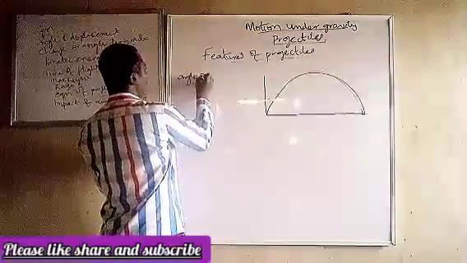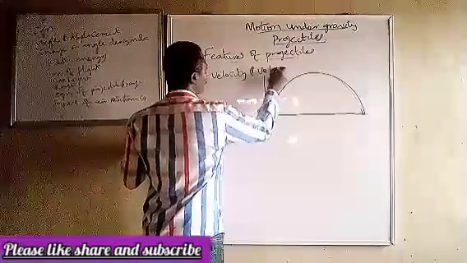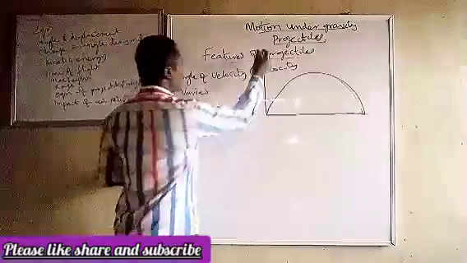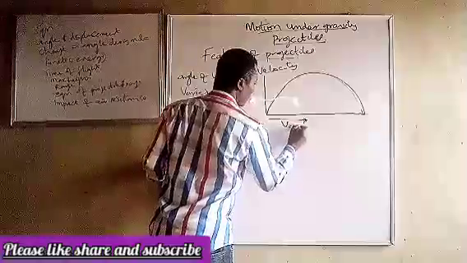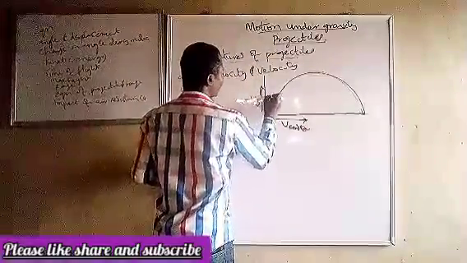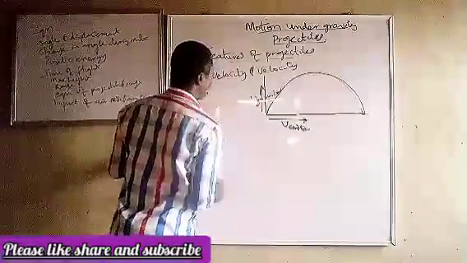The angle of velocity and velocity vary. The vertical changes. This one is constant, but this one varies. So at any point in time, you can find what your total velocity is.